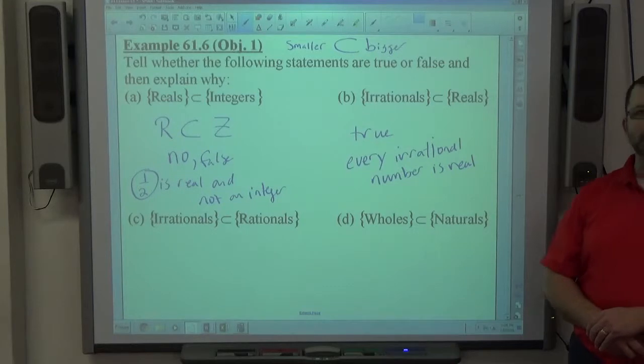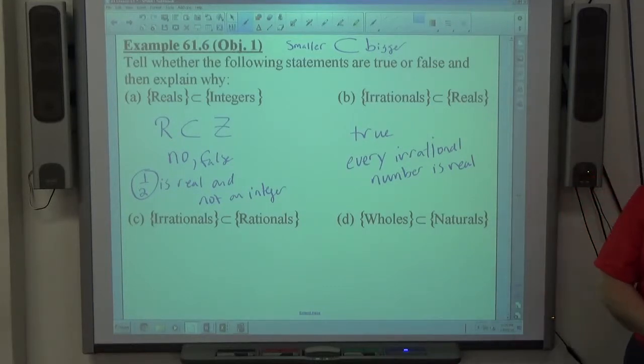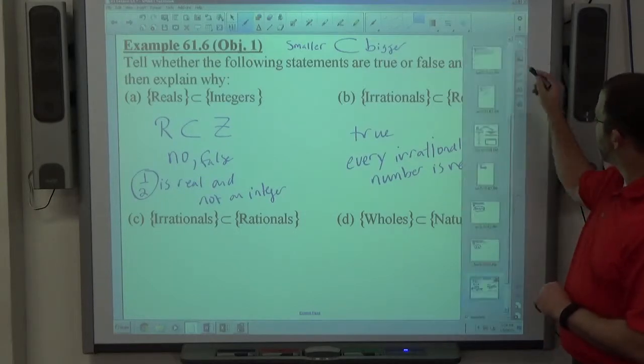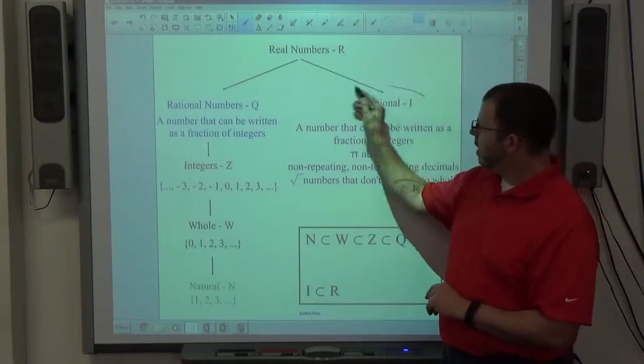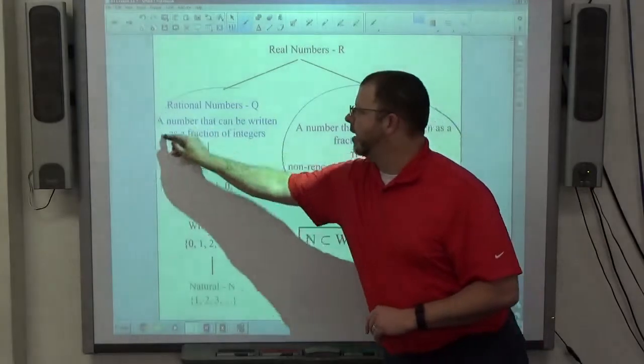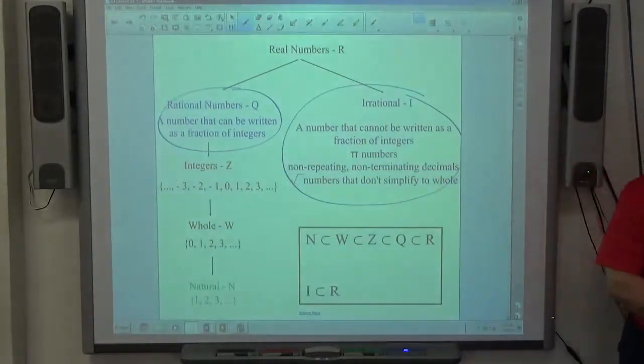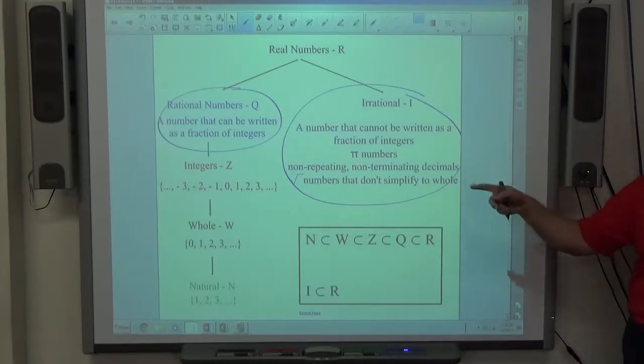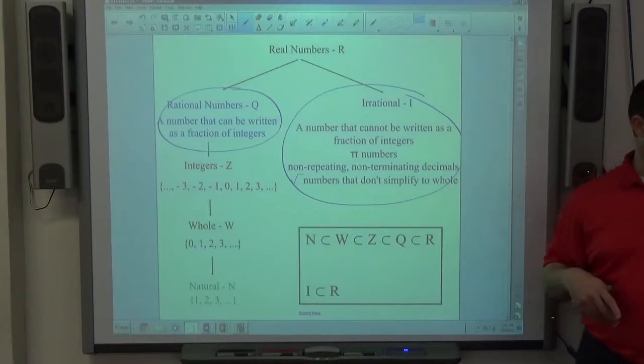Can anybody think of an irrational number that's not rational? No. Let's go back to our picture. A number that's this, that isn't that. There are a lot of them. Pick one. Pi. I think you were going with pi, right?